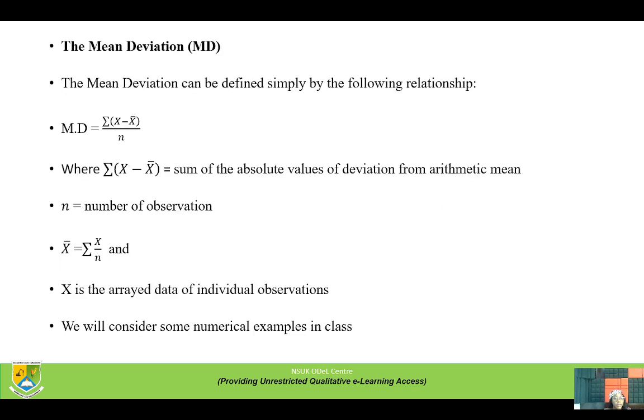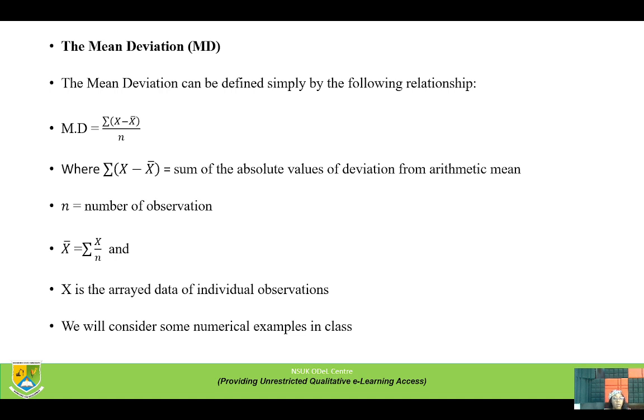Now the mean deviation. The mean deviation can be defined simply by the following relationship: MD equals summation of |x minus x bar| divided by n, where summation of |x minus x bar| is the sum of absolute values of deviation from the arithmetic mean, while n is the number of observations, where x bar is equal to summation of x over n.